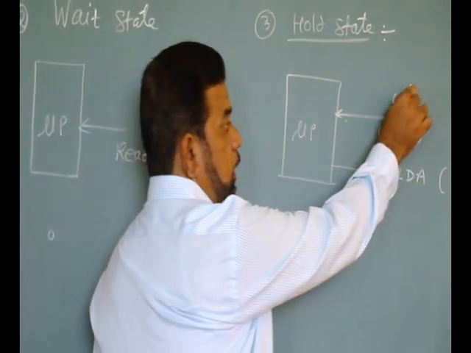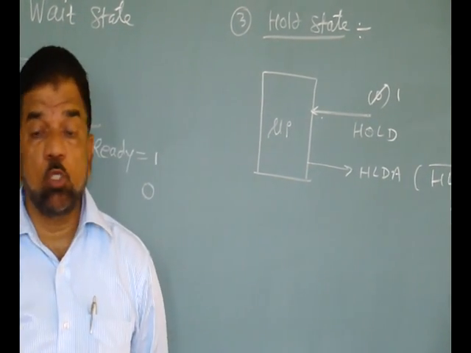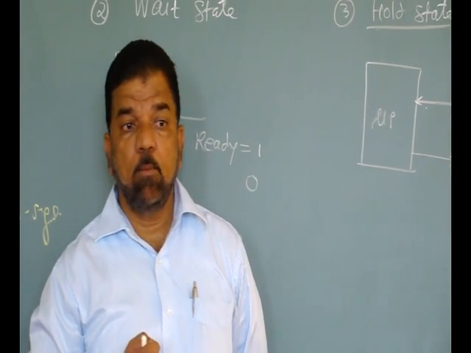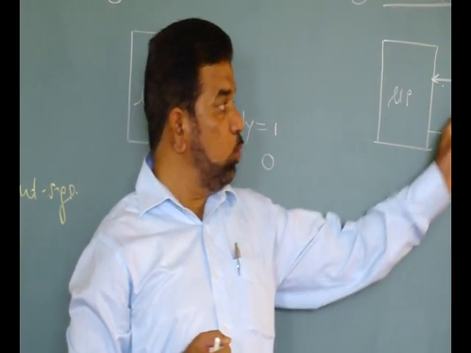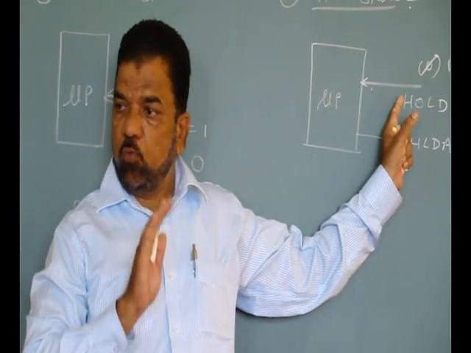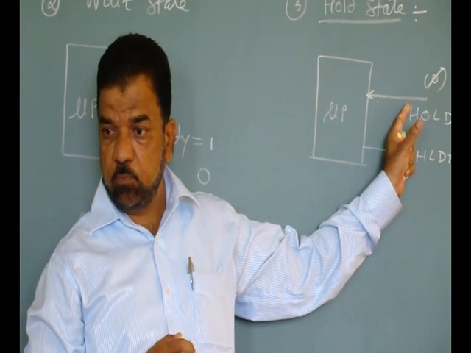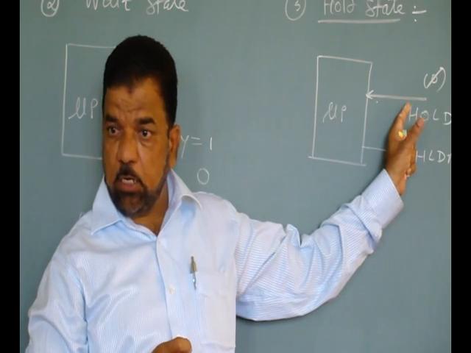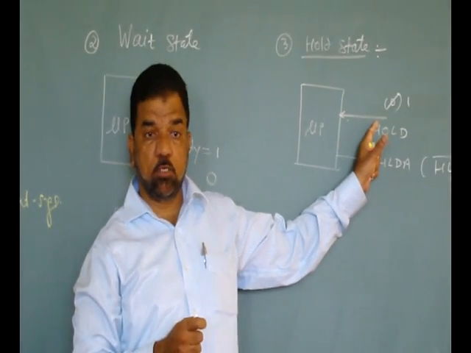But when this pin becomes equal to 1, the processor will first complete the current machine cycle, not the instruction cycle. During the T2 state of any machine cycle, this pin gets checked. I will repeat: corresponding to the T2 state of all the machine cycles, this particular pin gets checked.